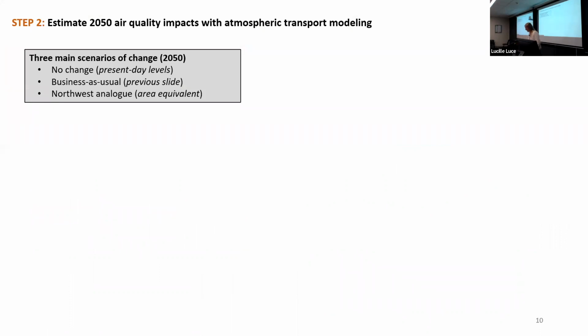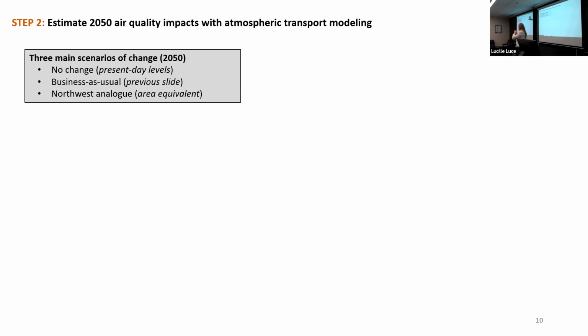So this is our scenario analysis, and we looked at three main scenarios. Ideally, all the burning that has taken place up to now, we want to stop. That's like present day levels. Of course, we'd love to stop everything, but let's say we just have no more progression. The levels that they're at right now, let's keep them there. That was our first scenario.